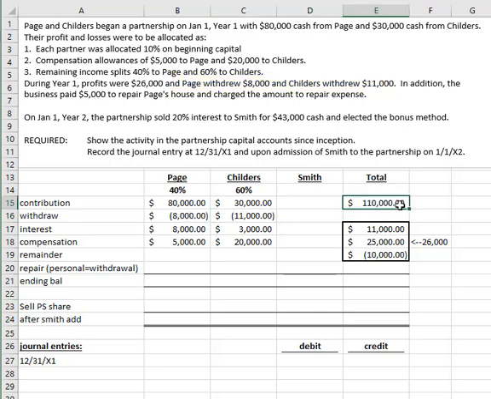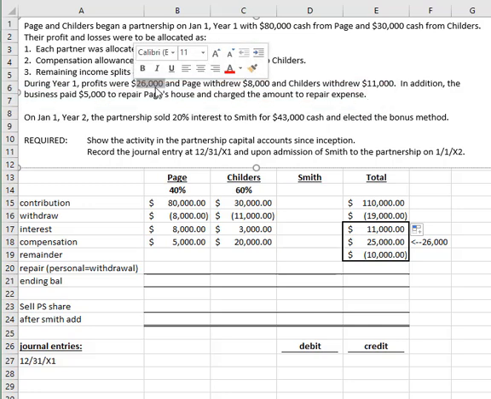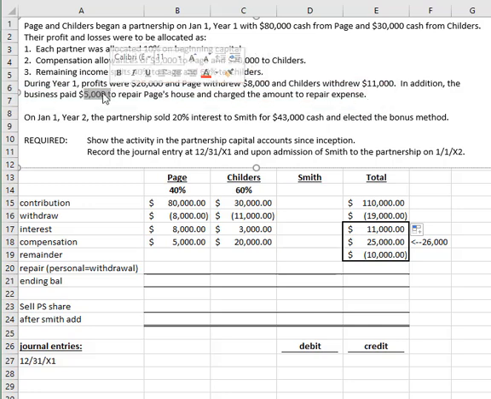All right, they also tell us that in addition to this activity of withdrawal and profits, that the business paid $5,000 to repair Page's house and charged it to the repair expense of the partnership. So that should have been counted as an additional withdrawal for Page, personal expenses, and it should not have hit the profits of the partnership. So this 26 really should be 31, and there should be 5,000 more taken out of Page's account.